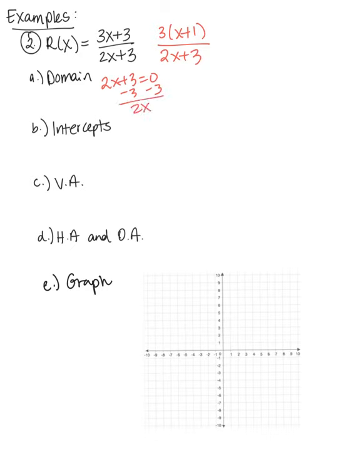I get 2x equals negative 3, divided by my 2. So x is equal to negative 3 over 2. But remember, for domain, I'm going to exclude that value. So my answer is going to go from negative infinity to negative 3 over 2, union negative 3 over 2 to infinity.